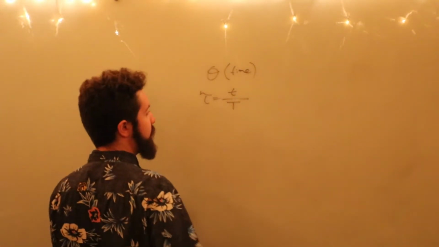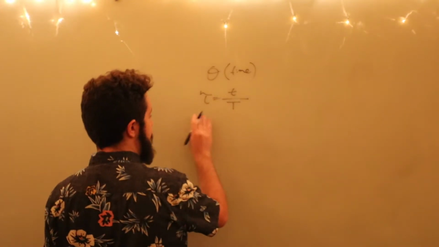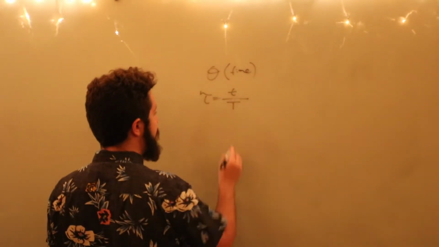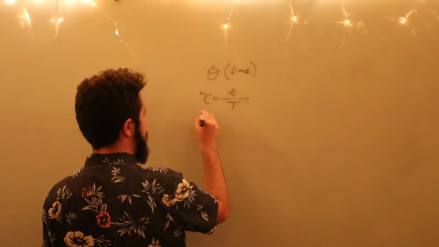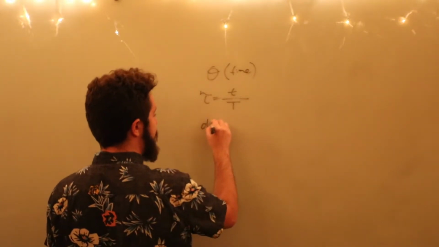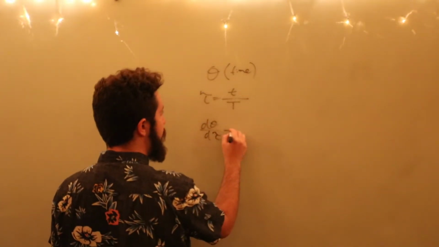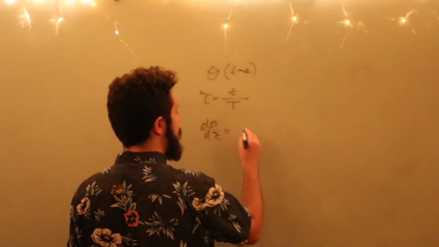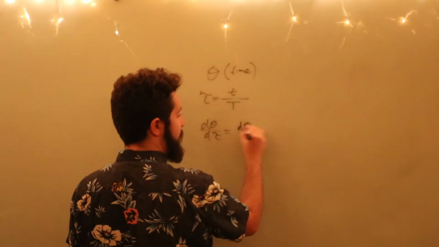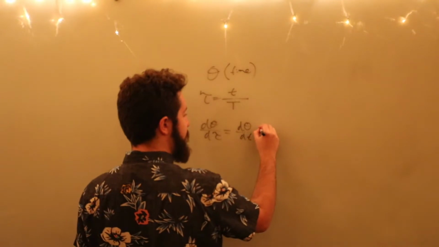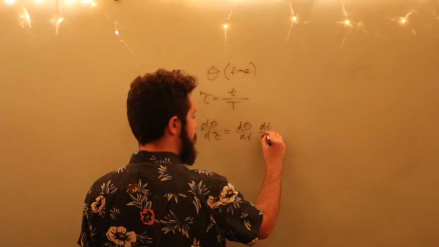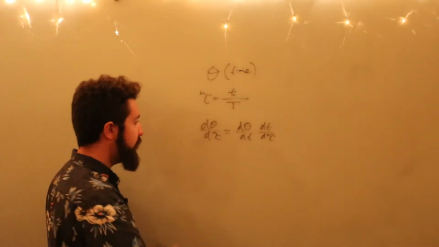If we do this, we're going to get that the derivative of theta with respect to tau is going to be equal to the derivative of theta with respect to t times the derivative of t with respect to tau, right? This is just the chain rule.